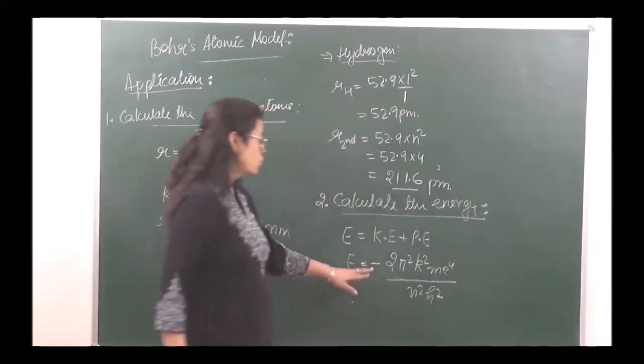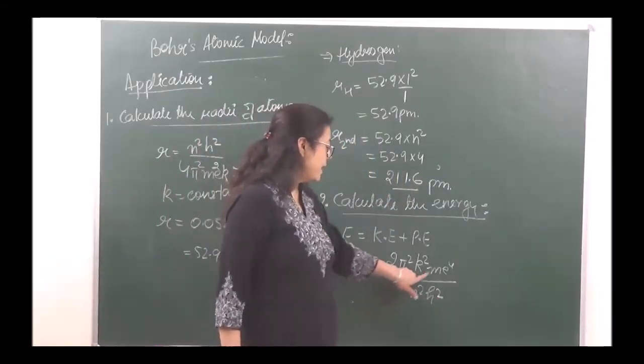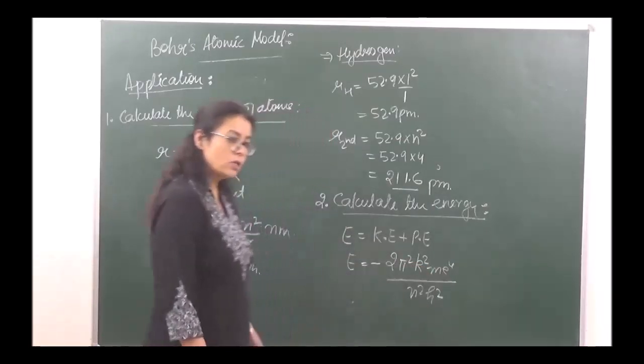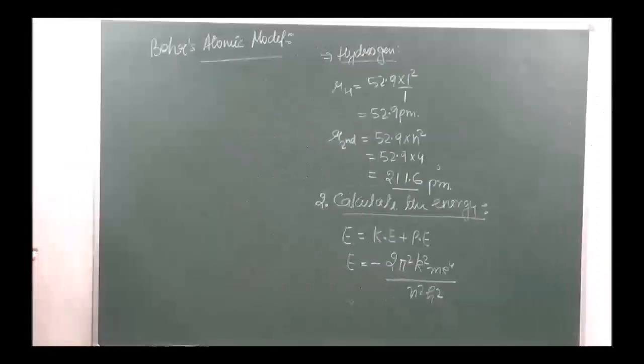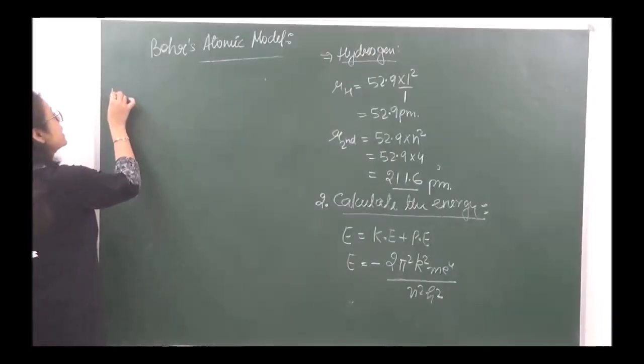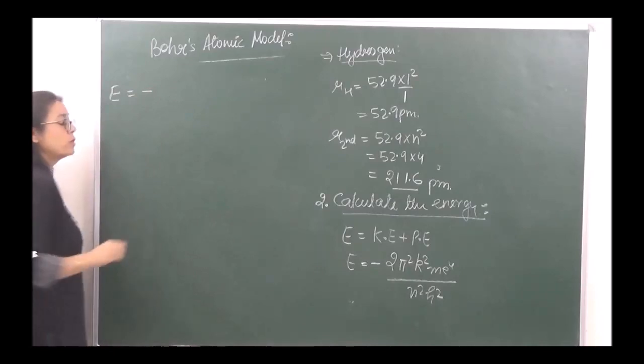Again over here also, the values of pi, k, m, e and h are all constants. So by putting the values of these, energy was calculated in different units.